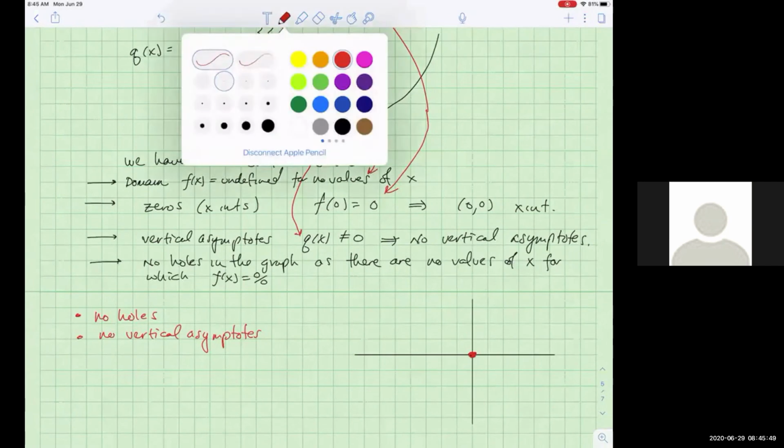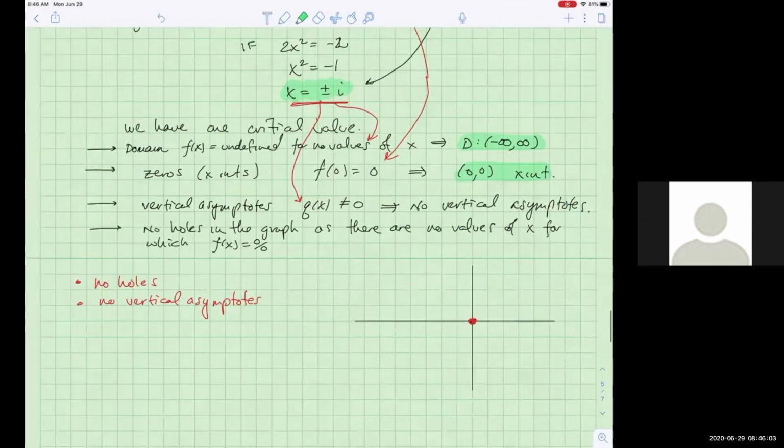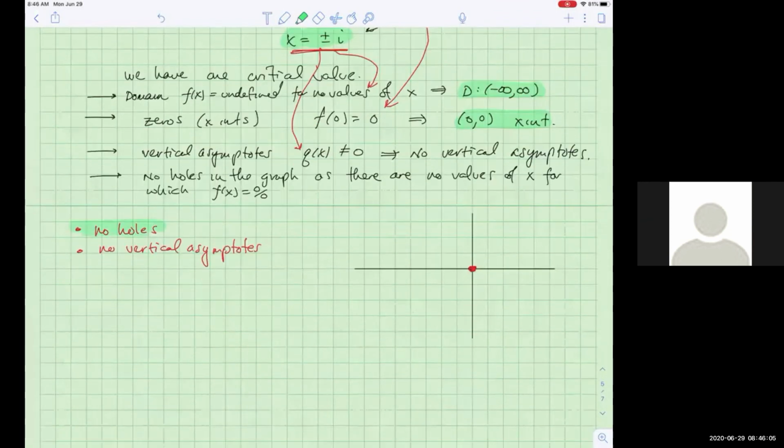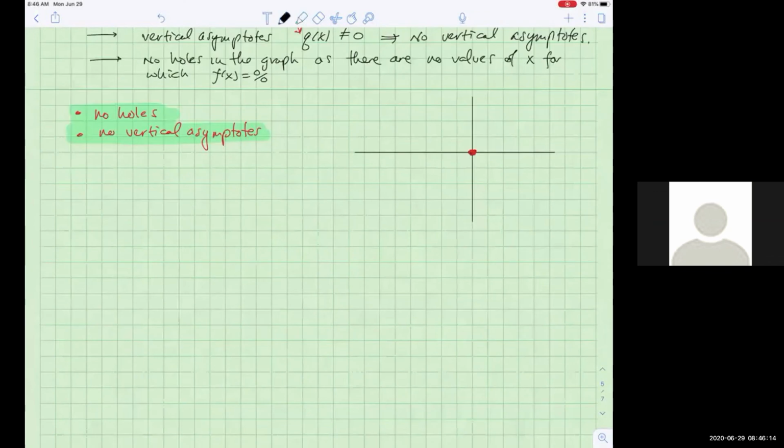And so the domain is all real numbers on this problem, which wasn't the case in the last example. So the domain is all real numbers. We have an x-intercept that also doubles as our y-intercept, and we have no holes or vertical asymptotes. So pretty boring overall, but we can do some more analysis.